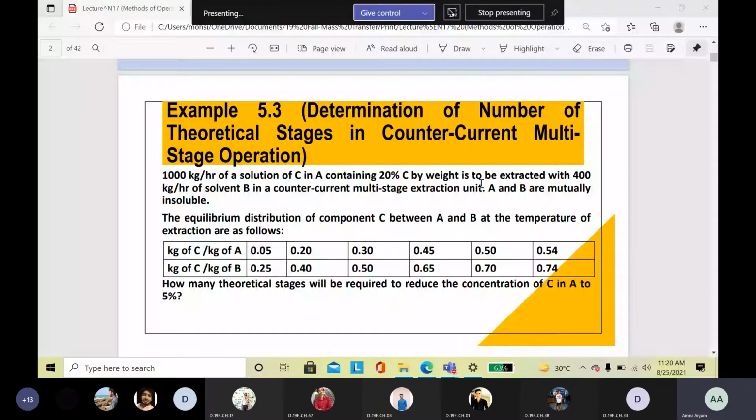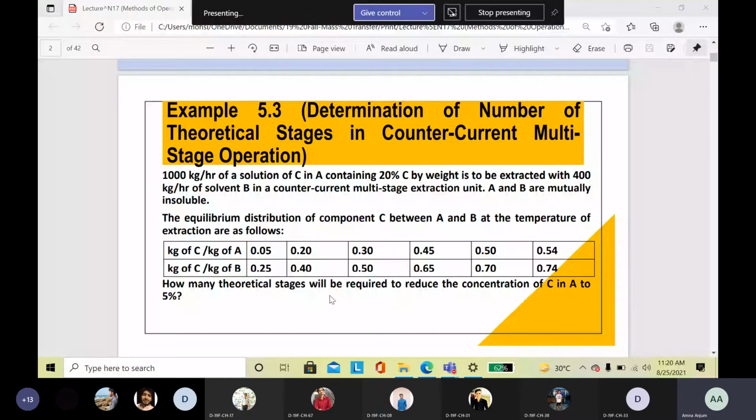The equilibrium distribution of component C between A and B at the temperature of extraction are as follows. The equilibrium distribution of C between A and B is given there, that is kg of C per kg of A and kg of C per kg of B. How many theoretical stages will be required to reduce the concentration of C in A to 5%?